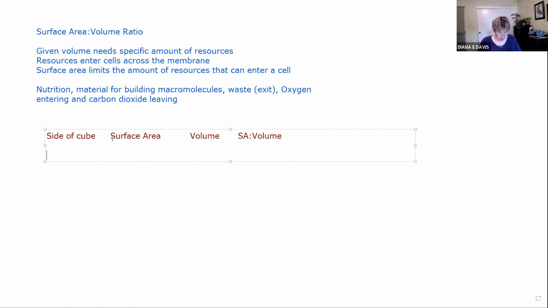So if we have a cube that is 2 millimeters on each side, or centimeters or inches, or whatever unit you want to talk about, the total surface area of that cube is 24. So let's say that's square millimeters.